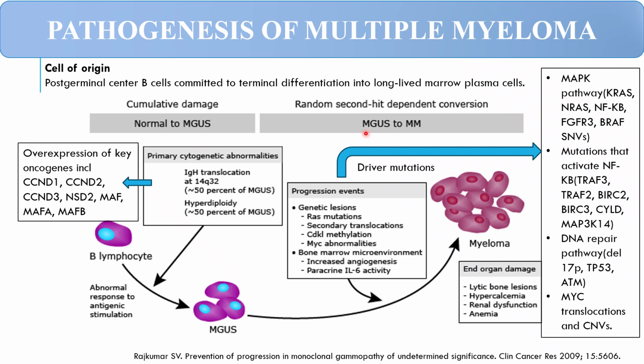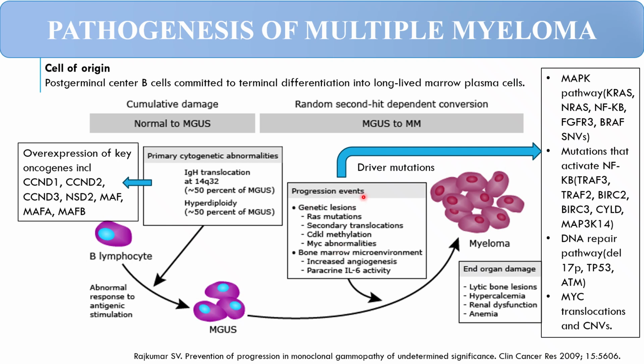Then from MGUS, there is conversion to multiple myeloma, with overexpression of oncogenes. These are cytogenetic abnormalities like immunoglobulin heavy chain translocation at 11q32 in 50% of cases of MGUS, and there is hyperdiploidy.